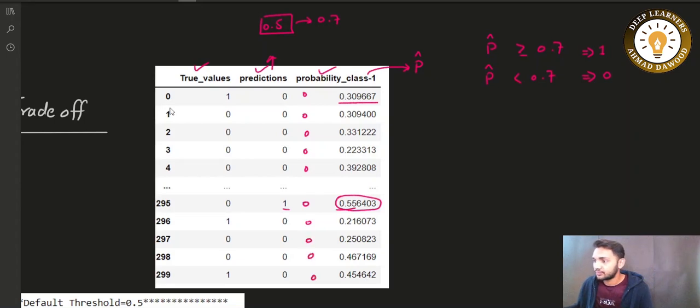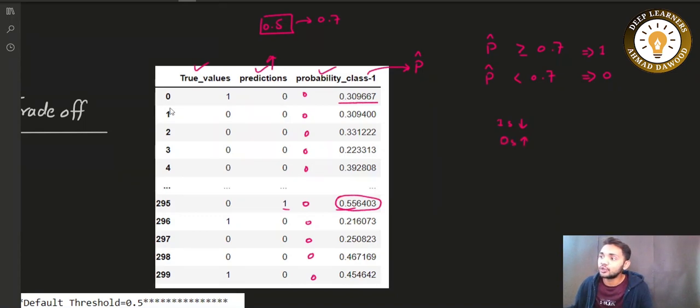Okay, and you can get an idea that if you raise the threshold, your number of positives will decrease and your number of negatives will increase. Here you can say your predictions of ones will decrease and zeros will increase.